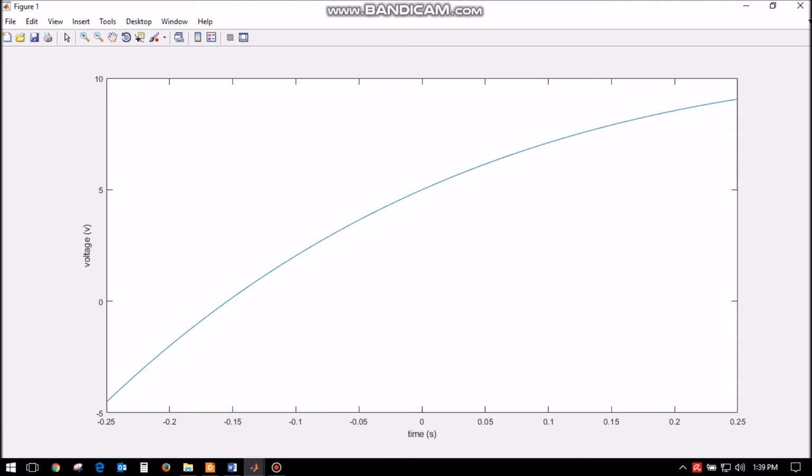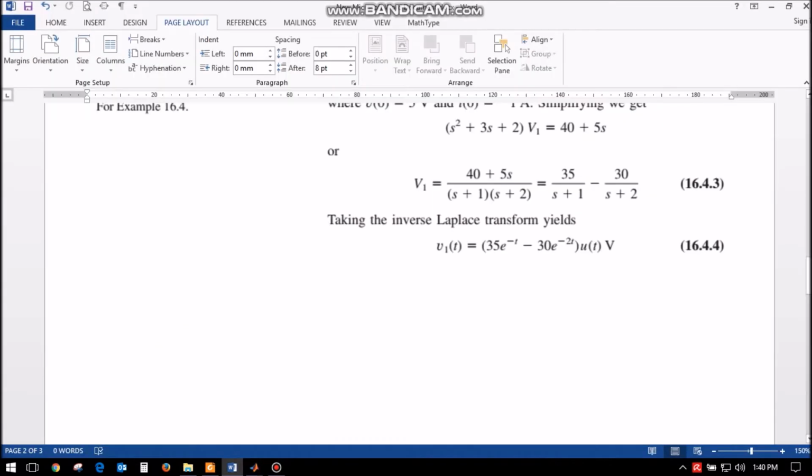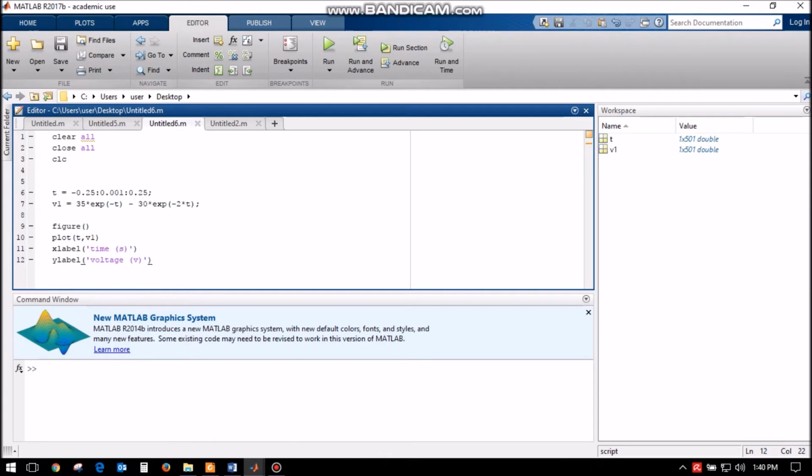Before 0 second is 0 voltage, and after 0 second, for the positive time, it will have this plot. So it's 0 here, 0 here, up to 0 second, and then you jump up to here. That is the actual answer for this signal. But it will be quite difficult to plot that.